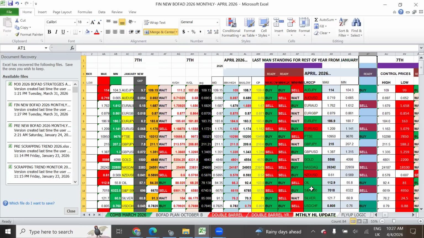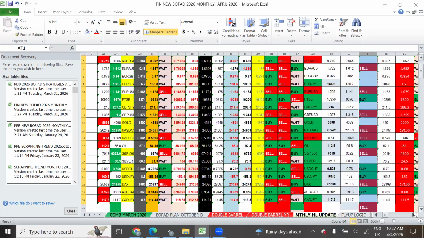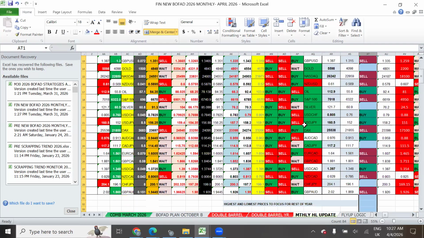S&P 500 is a sell, USD CHF is a buy, USD JPY is a buy, DAX is a sell, AUD CAD is a buy, Euro CAD is a sell, GBP CAD is a sell, USD CAD is a buy, New Zealand CAD is a sell, and GBP AUD is a sell.